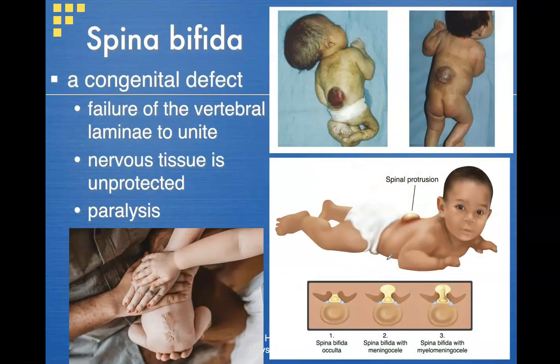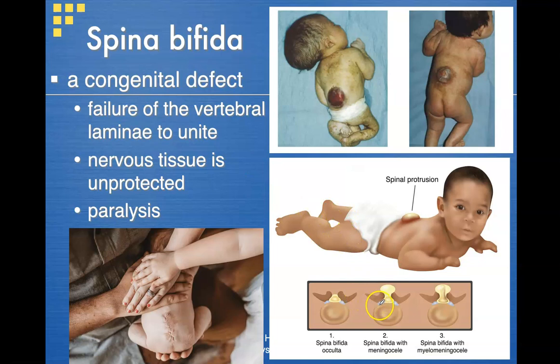Another clinical application is a disorder called spina bifida, which is a congenital defect. It happens if during development the mother isn't able to take in enough folic acid. The vertebral column is then not able to form properly, and the vertebral laminae fail to unite.